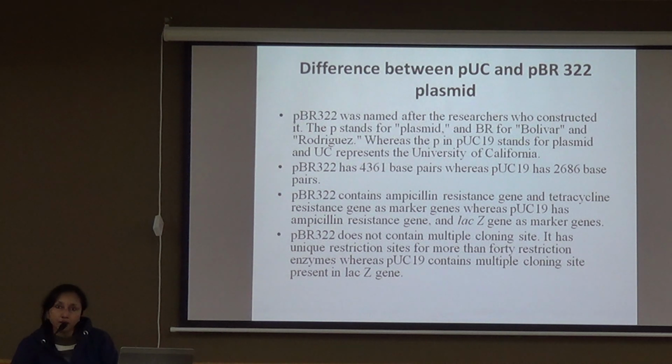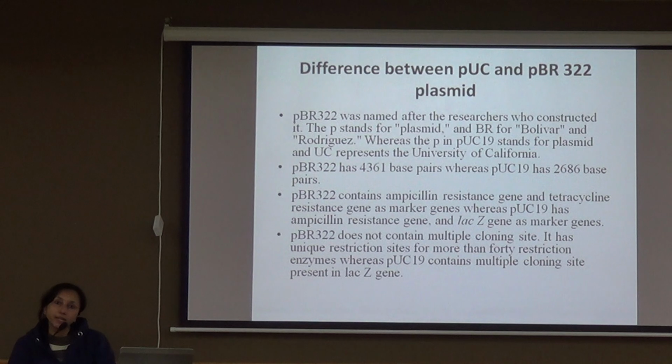So the bacterial colonies which appear blue in color have the vector containing lacZ gene, and the colonies which appear white in color do not have the lacZ gene. This helps us to distinguish between the host cells which contain the vector and which do not contain the vector.